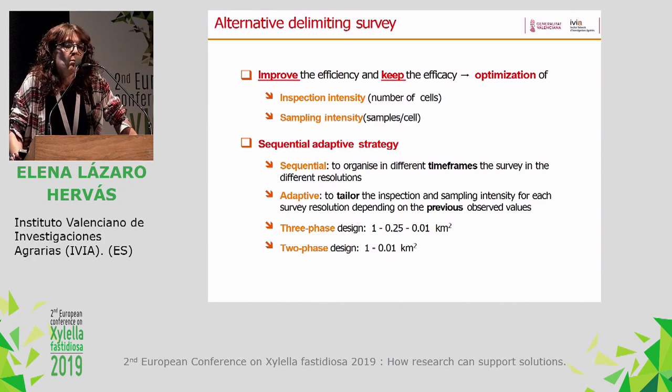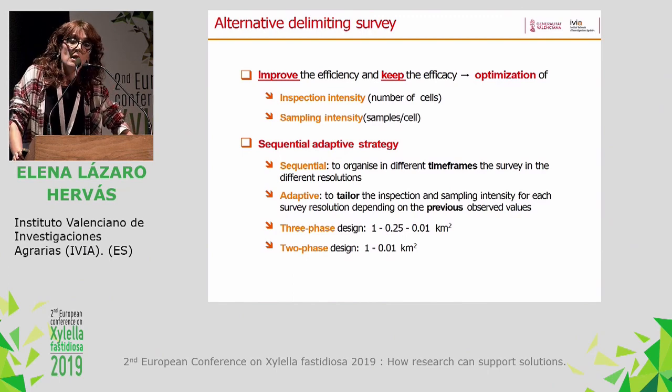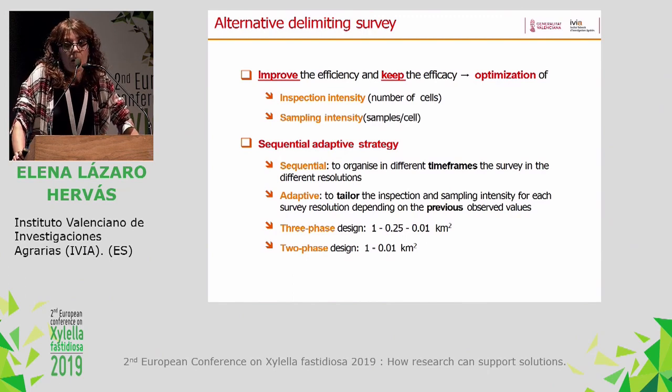Our proposal is a sequential adaptive strategy. Sequential because we want to organize in different time frames the survey in the different resolution sizes that we are going to use to define the different epidemiological units. And our proposal is adaptive because we want to tailor the inspection and sampling intensity for each survey resolution depending on the previously observed values.